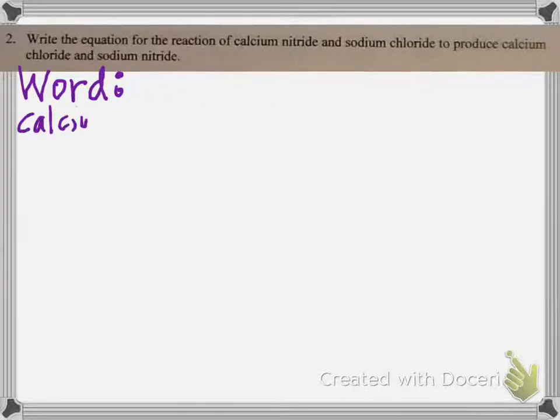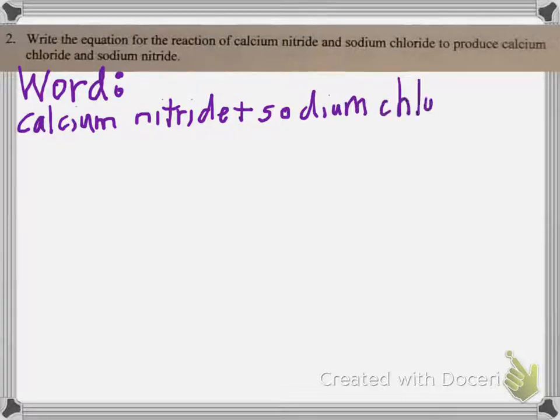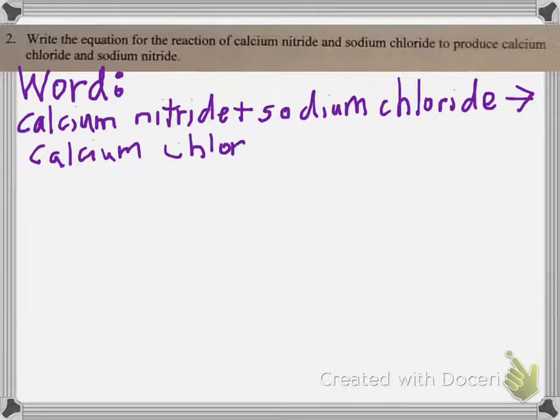So that's going to be calcium nitride plus sodium chloride, to produce is our arrow, calcium chloride plus sodium nitride.